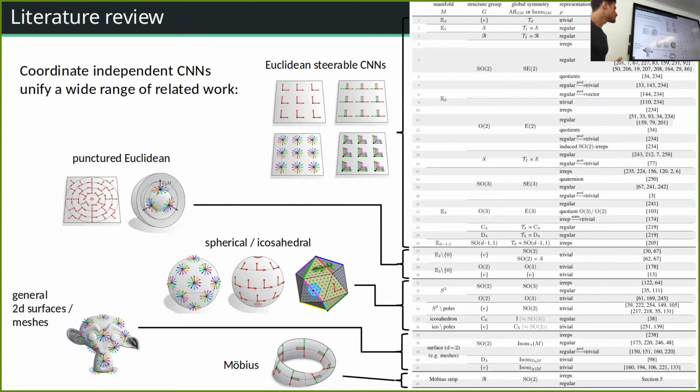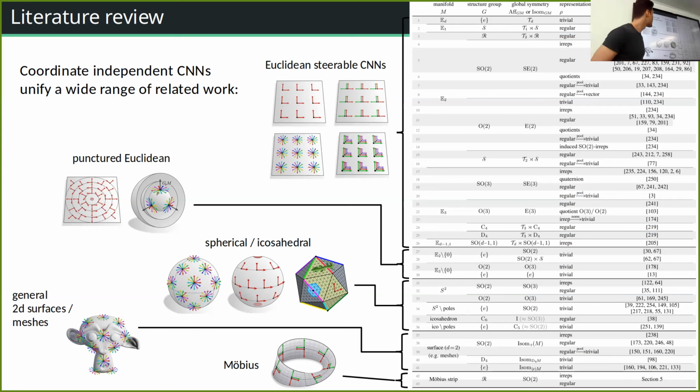Yeah, and on this slide I show the last part of my paper, which is actually like 70 or 80 pages of literature review, where I go over all kinds of Euclidean steerable CNNs, and then there are some of these punctured Euclidean CNNs, which correspond to polar coordinates or hyperspherical coordinates. We have certain spherical CNNs, CNNs on arbitrary meshes, and also our Möbius convolution. And I really go into detail over all these geometries and all these different models and explain how they are described in our framework.